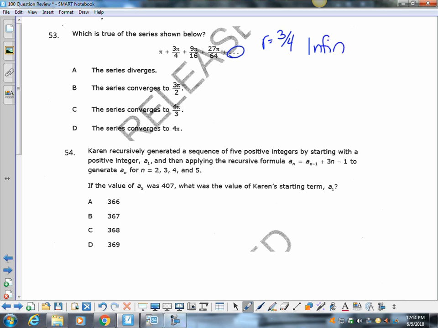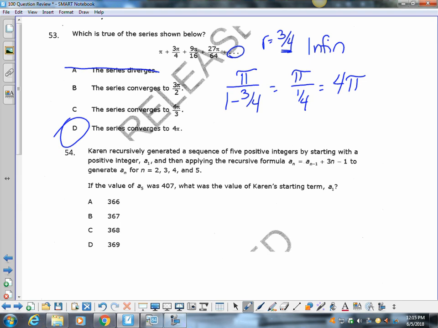It's talking about converging or diverging, so I can just look at my sum. Because my R is less than 1, I know I converge. So I don't keep getting bigger, so I don't diverge. I'm going to do my first term over 1 minus my R. And then 4 pi. And again, that formula is on your formula sheet.